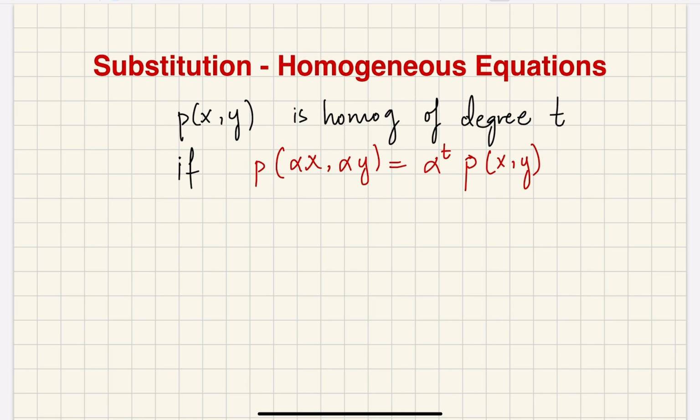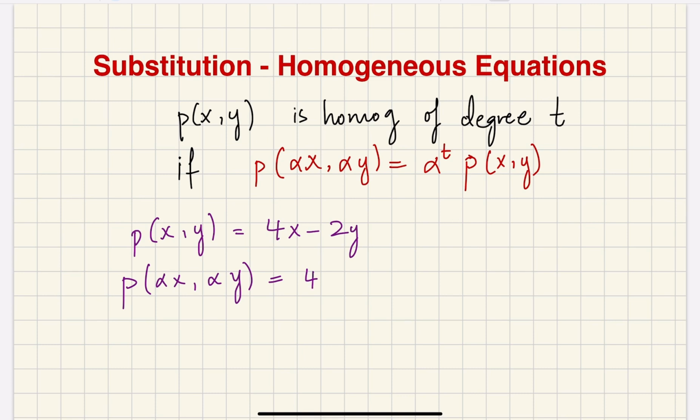So suppose you have this function. Then if I substitute every x and y with alpha x and alpha y, then I get 4 alpha x minus 2 alpha y.